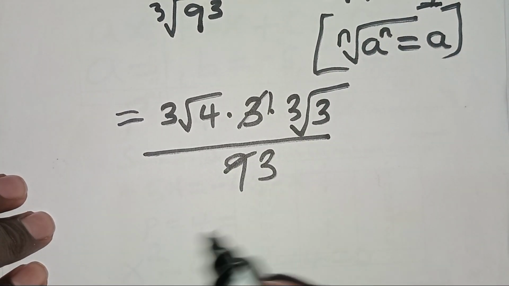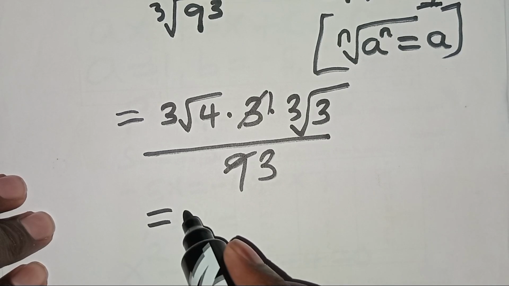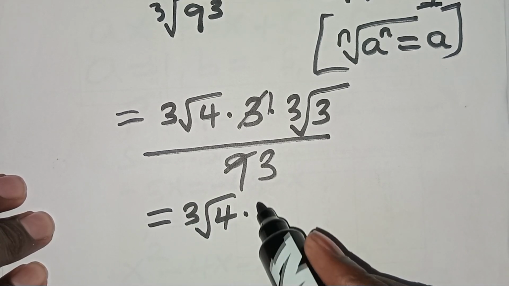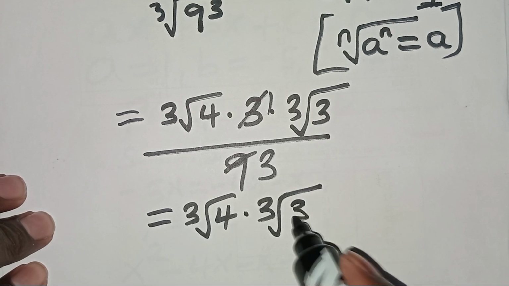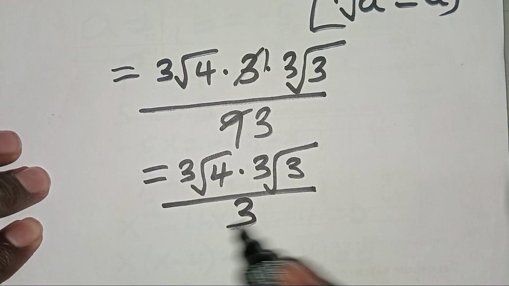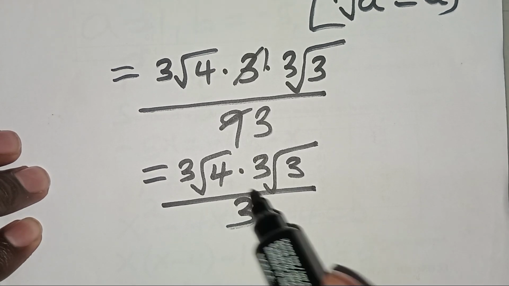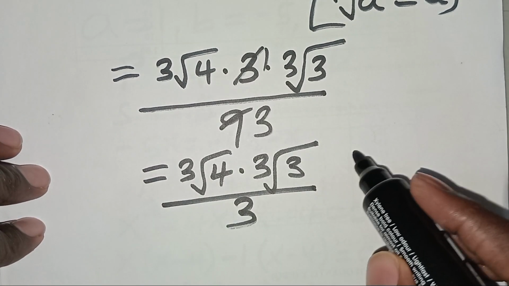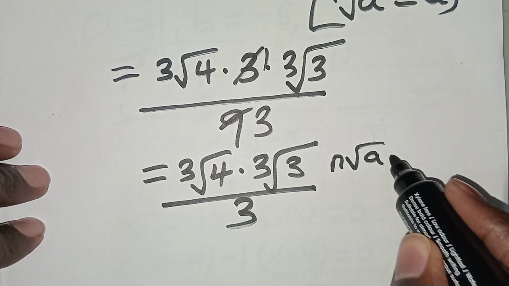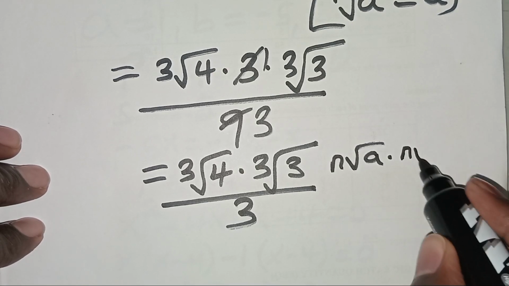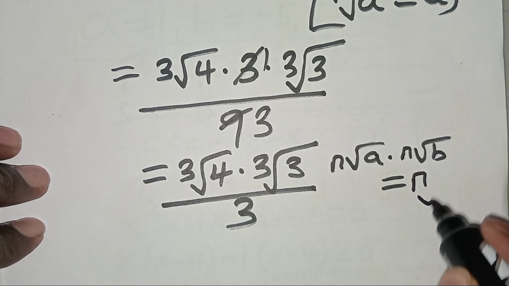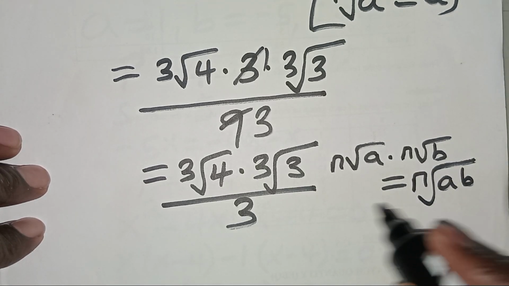From what we have here, in the numerator we'll have the cube root of 4 multiplied by the cube root of 3, divided by 3. If you have the nth root of a multiplied by the nth root of b, this can be expressed as the nth root of a multiplied by b.